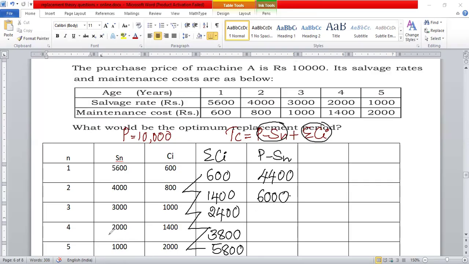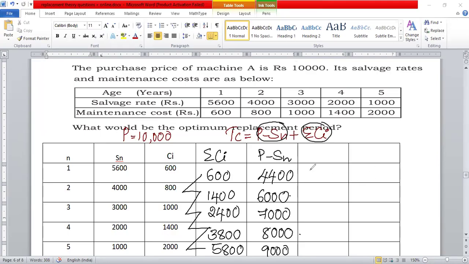Then 10,000 minus 3,000, so 7,000. 10,000 minus 2,000, 8,000. 10,000 minus 1,000, so 9,000. Okay, P minus S of N is done.